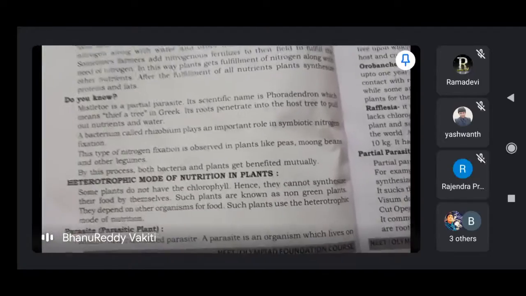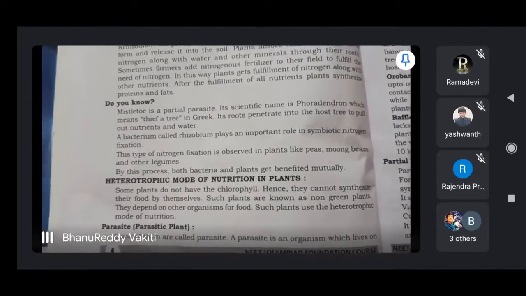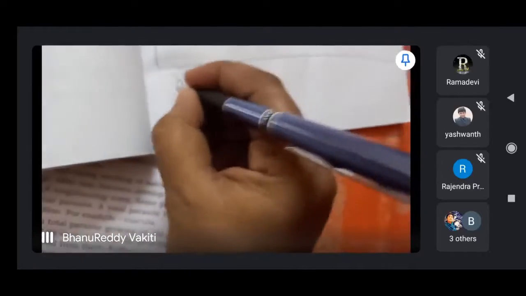What are the legumes? What are those? Legumes are useful for that. Here see, I am writing alga. About alga first I told alga.